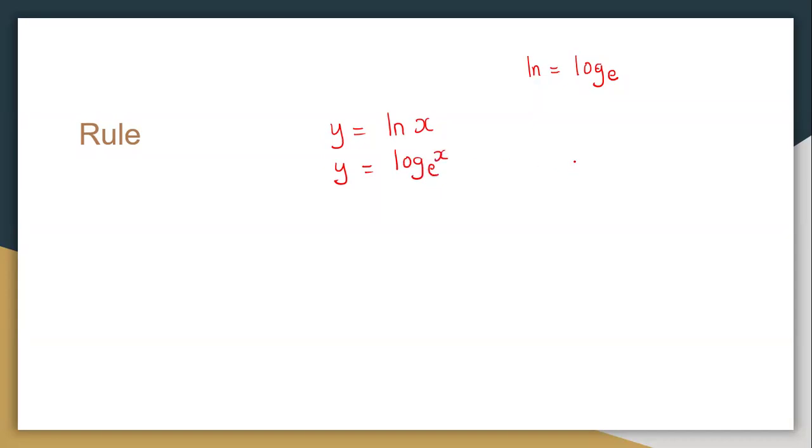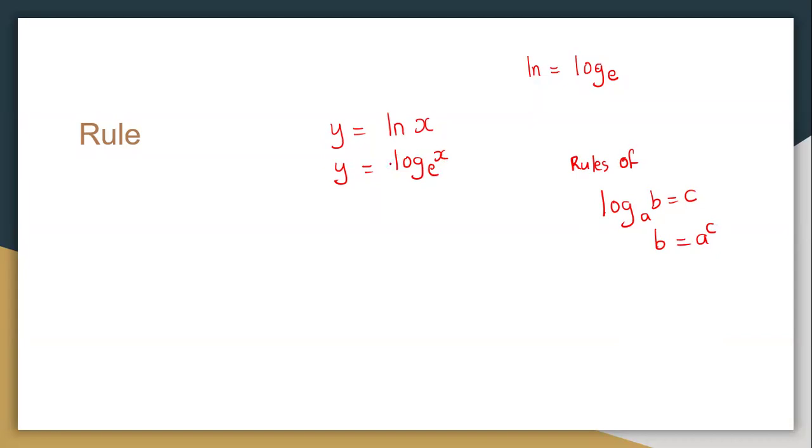e x. But you know that from our rules of logarithms, you have to remember the rules of logarithms. That when I have log A B is equal to C, this is the same thing like having B is equal to A^C.